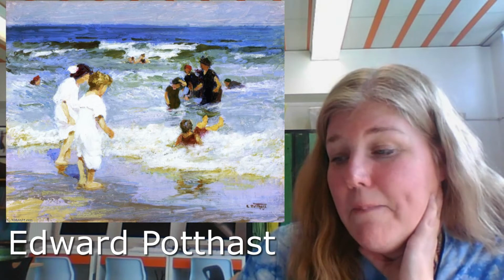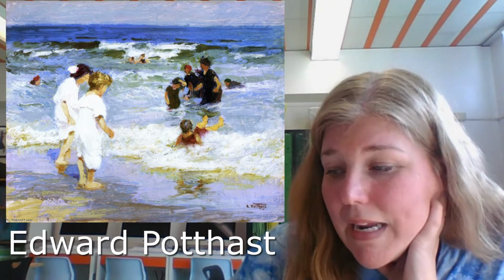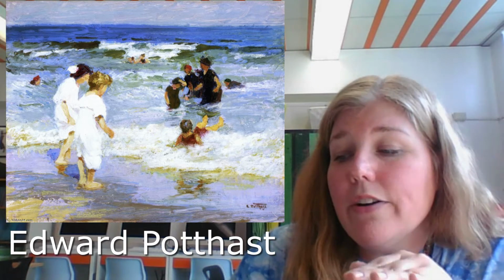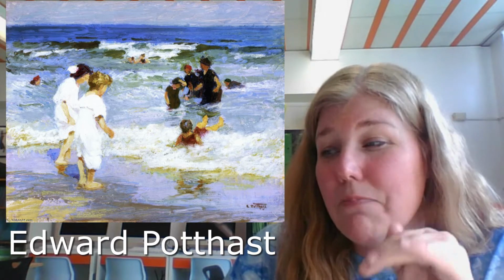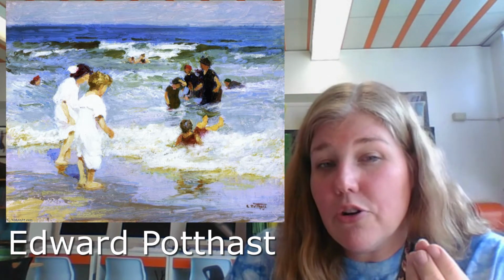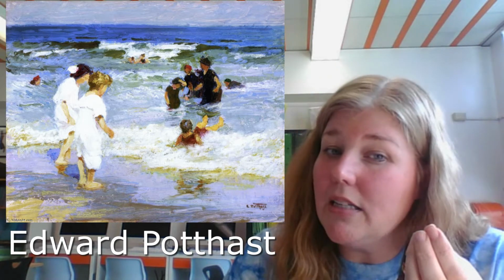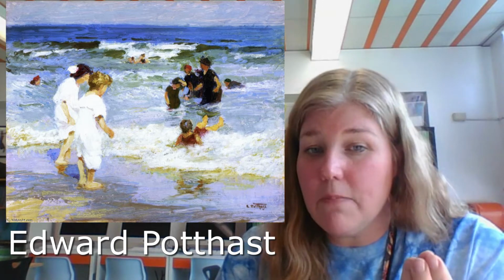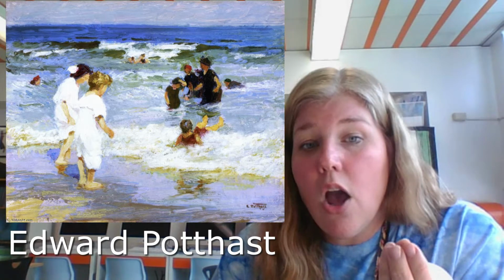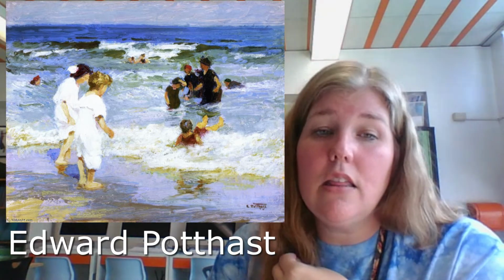Let's take a look at this painting of a beach scene. If we look at this painting, the people who are far away are very small. Where did the artist place them in the space? Take a look at where they are in the space. People that are closer to us in this painting are further to the bottom of the painting, and people that are farther away are higher up in the painting.